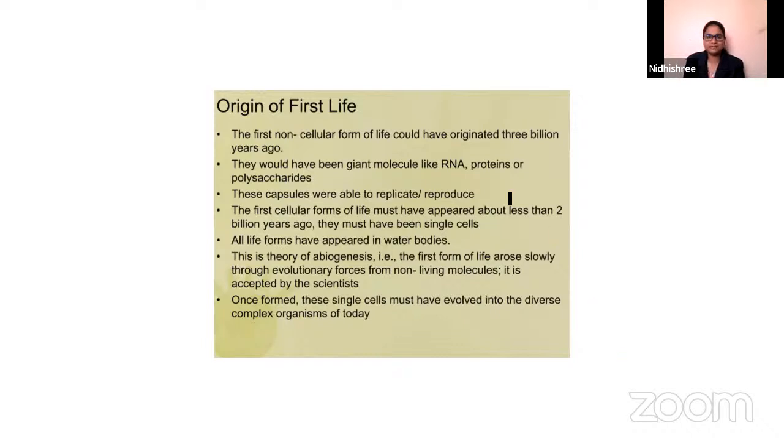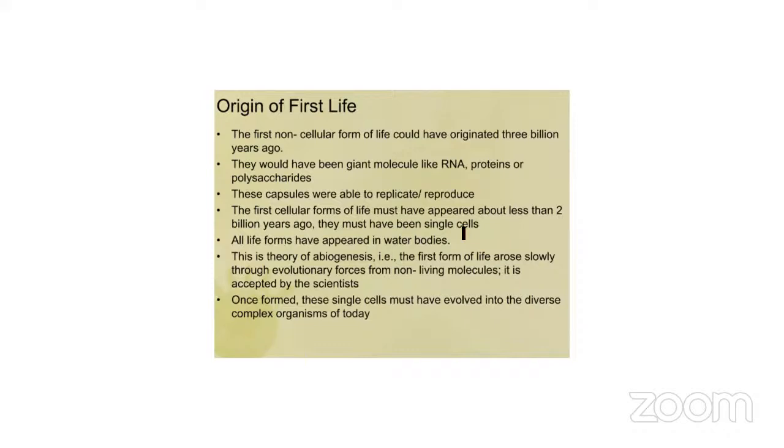Soundarya, can you read out the slide? Yes, ma'am. Origin of first life. The first non-cellular form of life could have originated 3 billion years ago. They would have been giant molecules like RNA, proteins, or polysaccharides. These capsules were able to replicate, reproduce. The first cellular forms of life must have appeared less than 2 billion years ago. They must have been single cells.